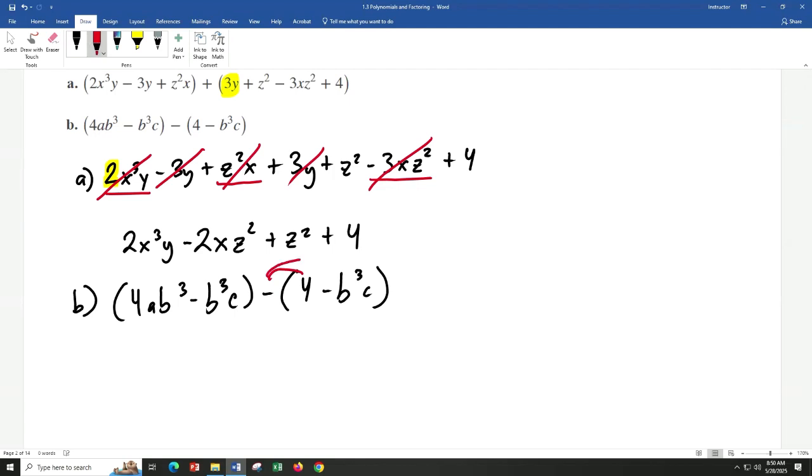You've got to take that negative and distribute it in there. Okay. And then whenever you drop your parentheses, you have 4ab cubed minus b cubed c minus 4 plus b cubed c.